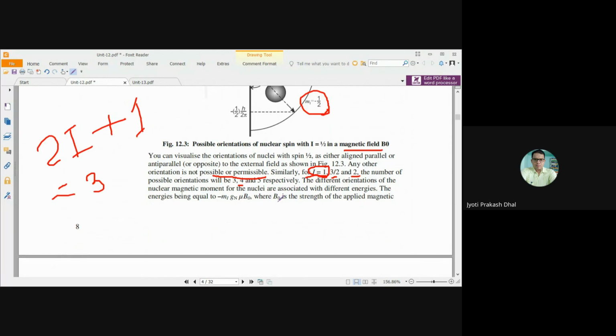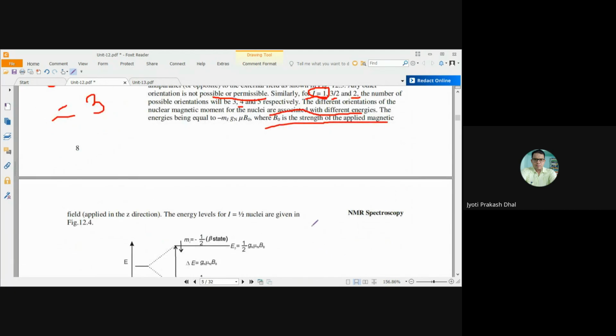The different orientations of the nuclear magnetic moment for the nuclei are associated with different energies, and the energy equals minus mI g_n mu_n B0, where B0 is the strength of the applied external magnetic field.